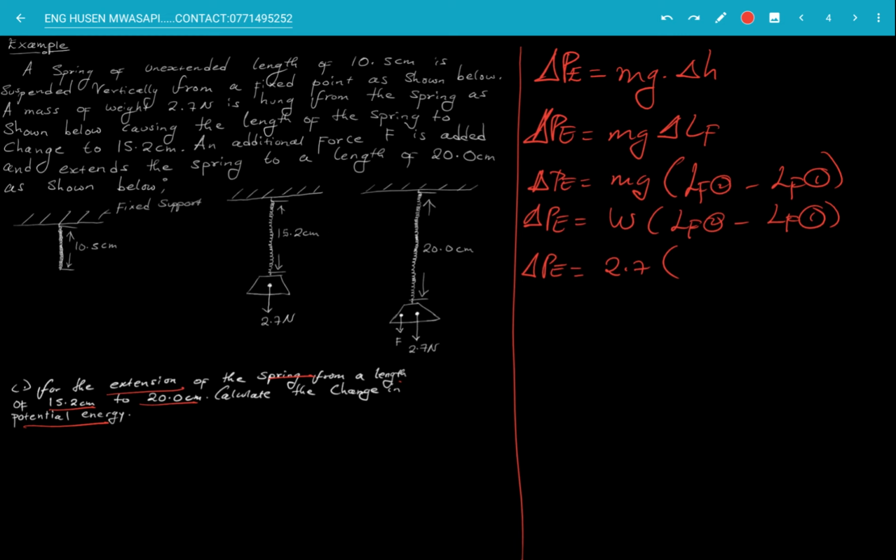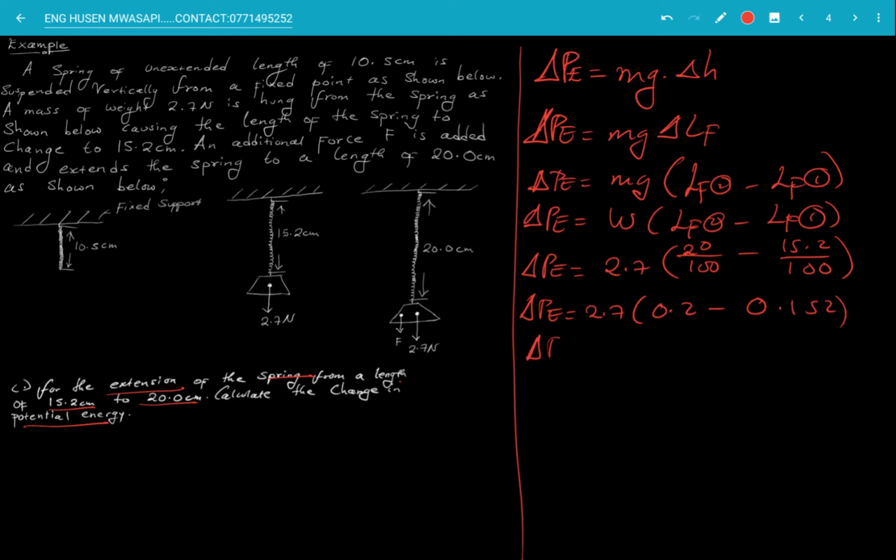So you can say, okay, 20 divided by 100, or times 10 to the minus 2, minus 15.2 divided by 100, sorry. So what are you going to have when you compute this? You'll have change in potential energy equal to 2.7 times, if you divide this, 0.2 minus 0.152.